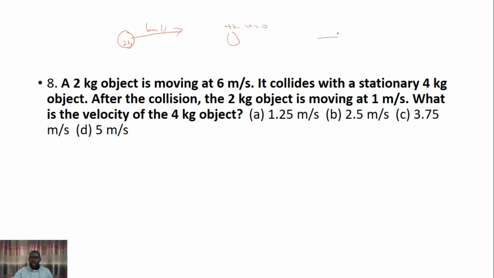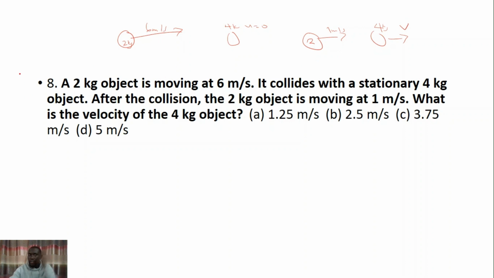After collision, both of them move forward, right? And we know that the 2 kg body is now moving at 1 meter per second. So what is the speed of the 4 kg body? That's what we don't know now, right?